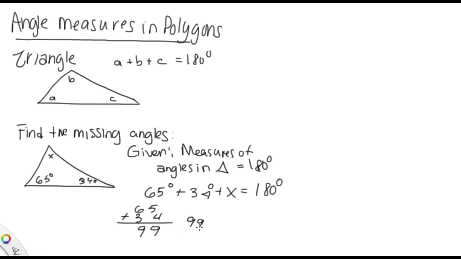So 99 plus x equals 180. Now we want to find x by itself. What can we do? We can subtract 99 from here, 99 from here. That means that x equals 81.